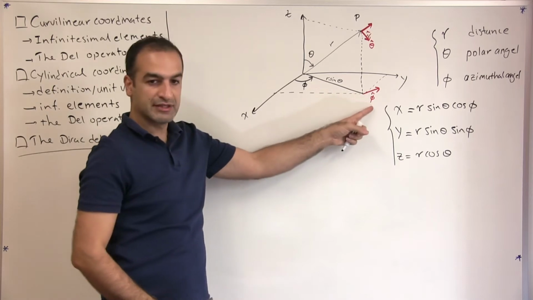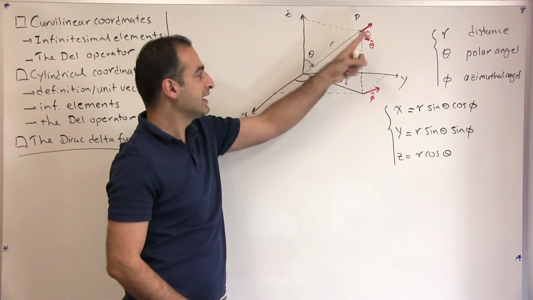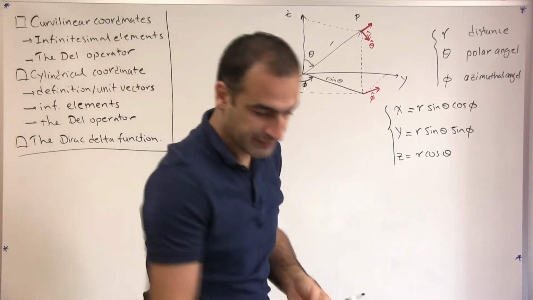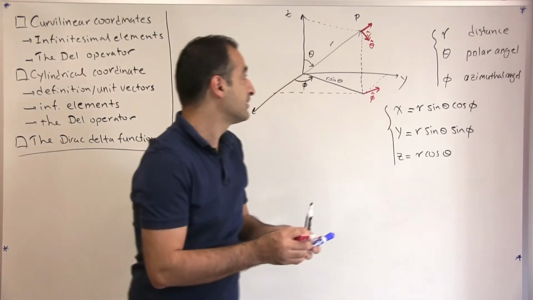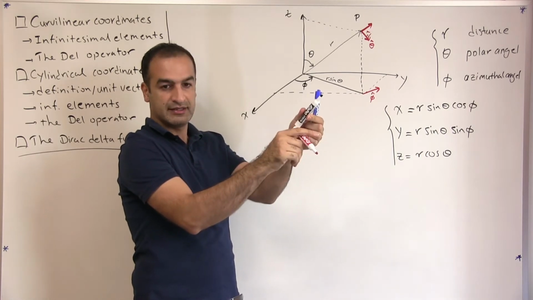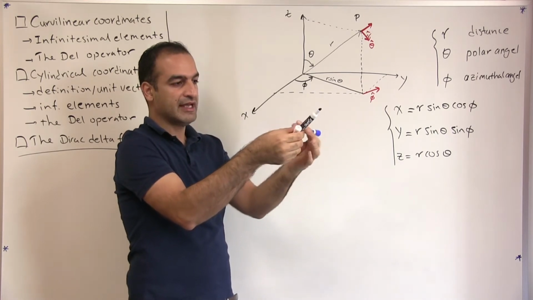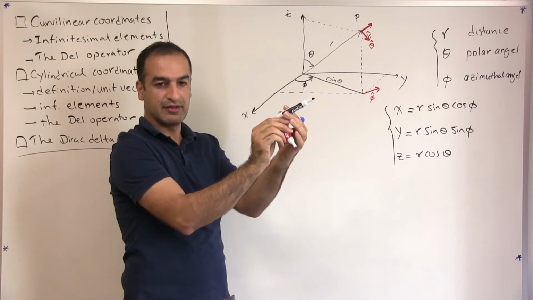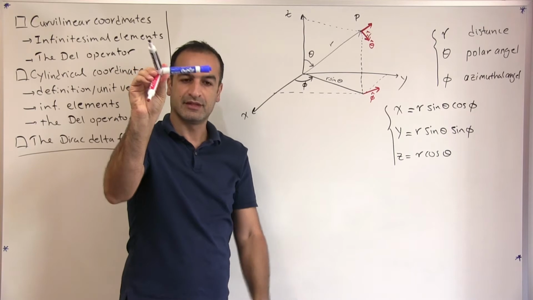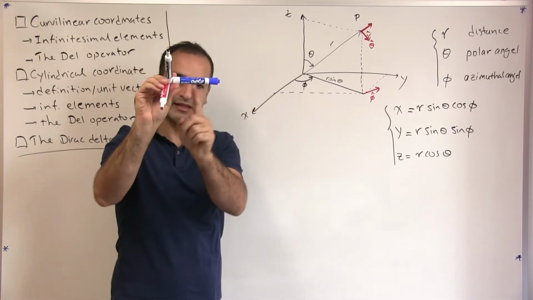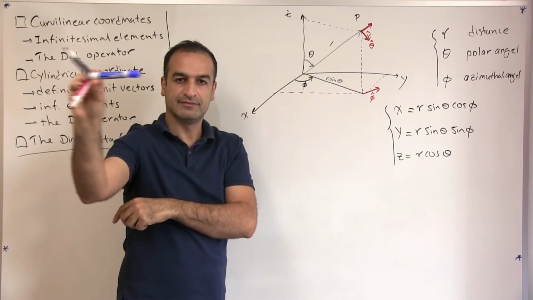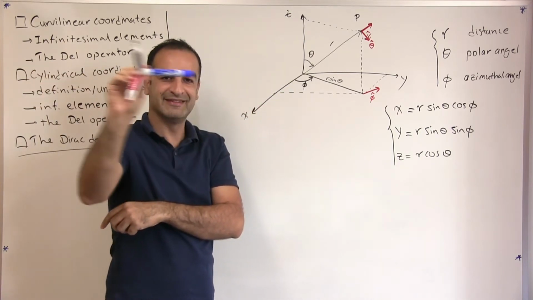And if we compare the direction of phi hat with R hat and theta hat, phi hat is orthogonal to both of them, okay? So we will have something like this: r hat in this direction, theta hat in this direction, and phi hat in a direction orthogonal to both of them. R hat, theta hat, and phi hat. I hope this is helping you guys.